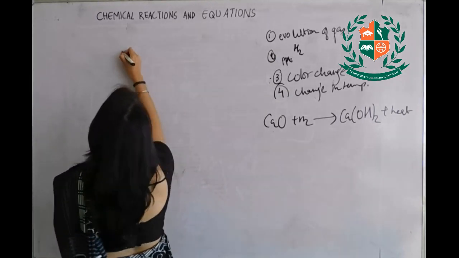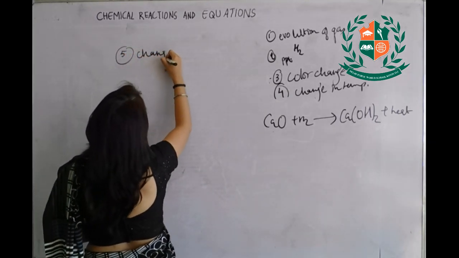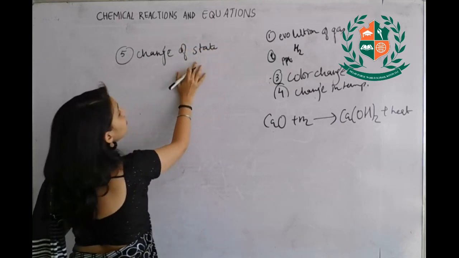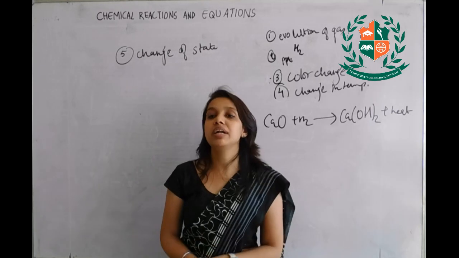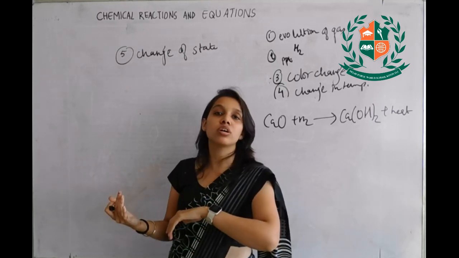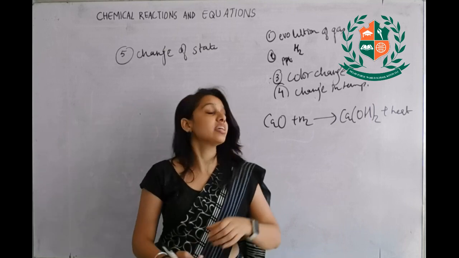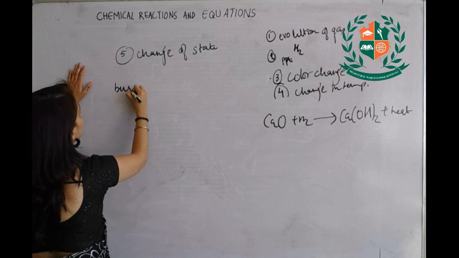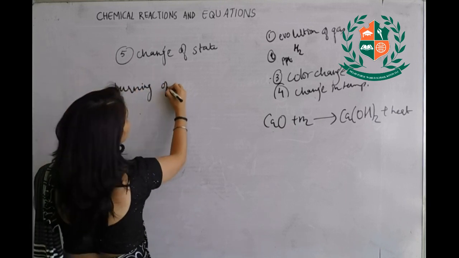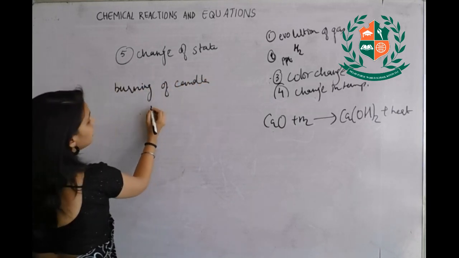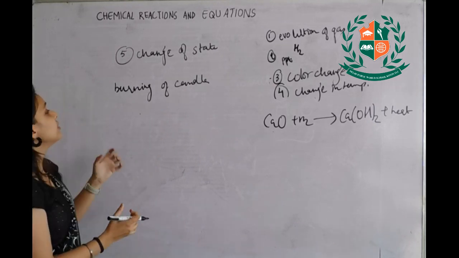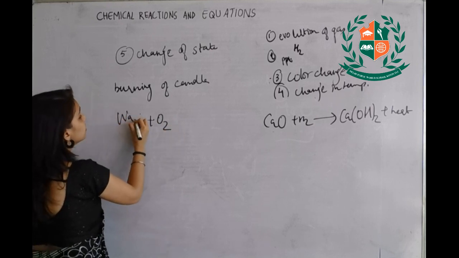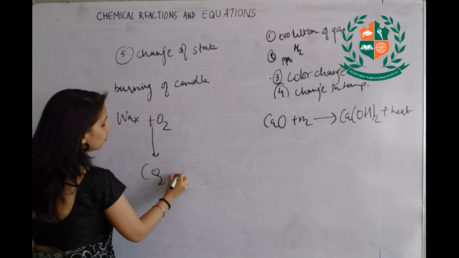Now the fifth one is change of state. This can be a bit confusing, because in physical changes, like the melting of ice or the boiling of water, there is also a change in state. But what I am talking about is, for example, the burning of a candle. In any burning or combustion, oxygen combines with the substance and gives CO2 and water.